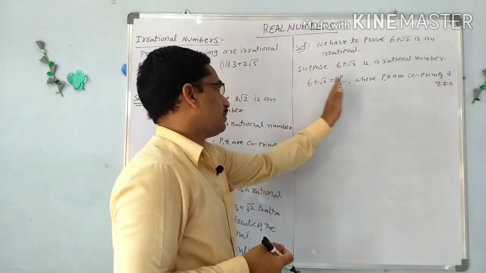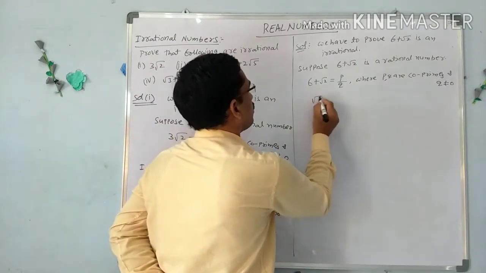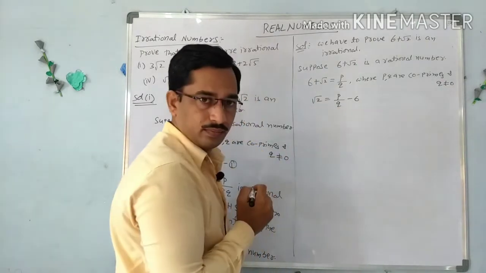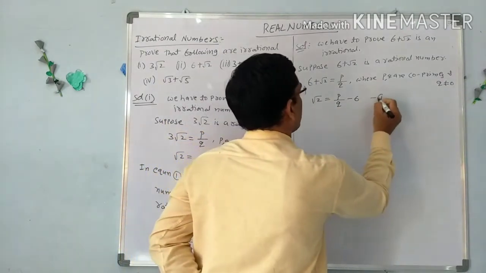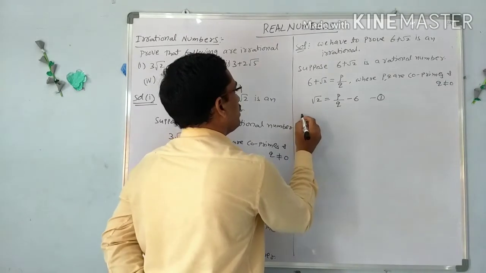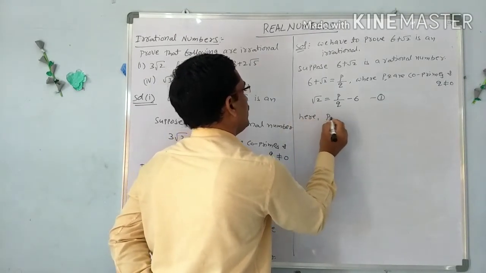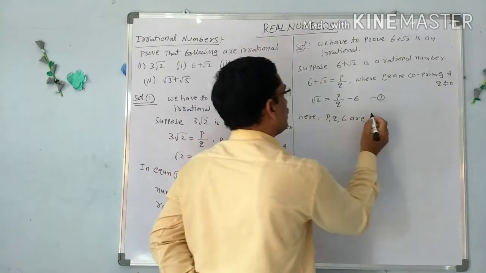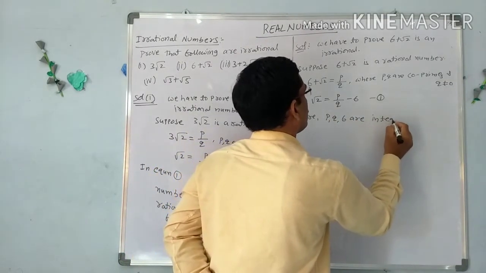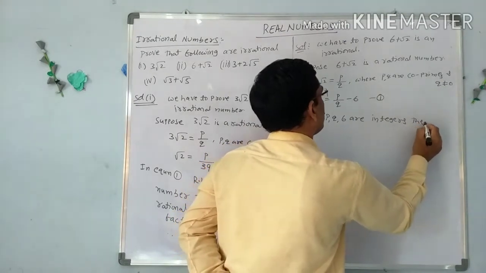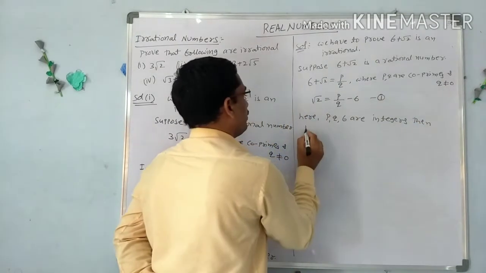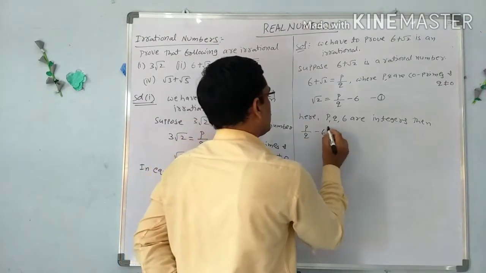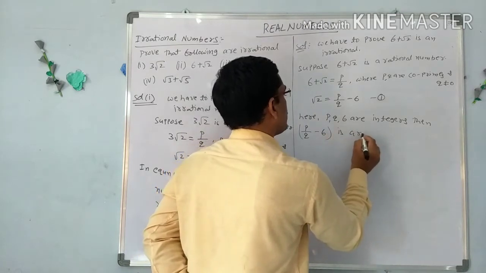So transpose 6 to the right side. Root 2 equals p by q minus 6. So this is equation 1. If you observe here, p, q, 6 are integers, then p by q minus 6 is a rational number.